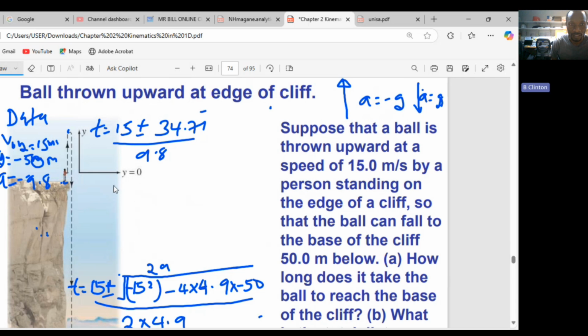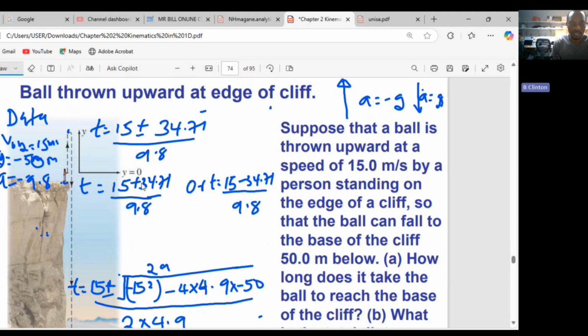And we can say that our t is equal to 15 plus 34.71 over 9.8, or our t can be 15 minus 34.71 over 9.8.